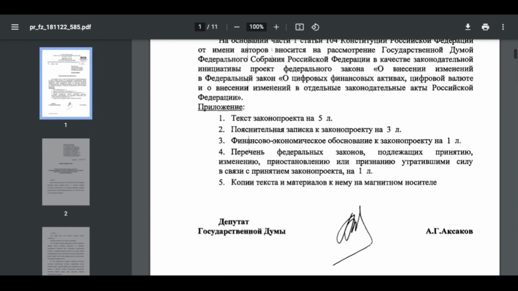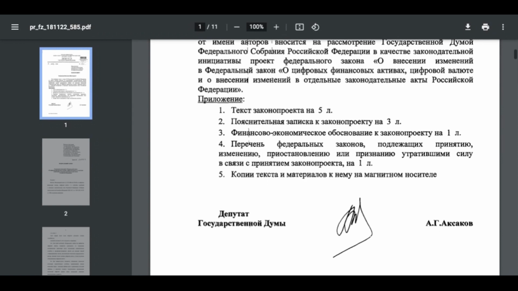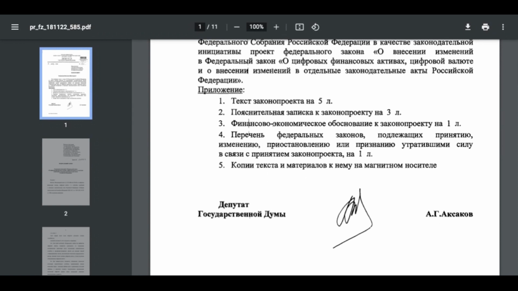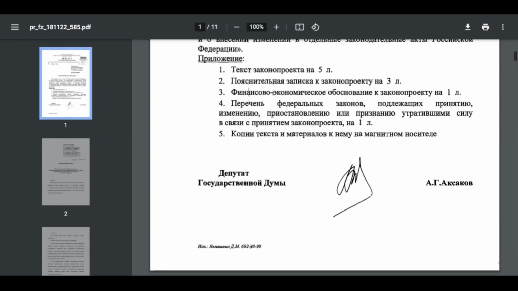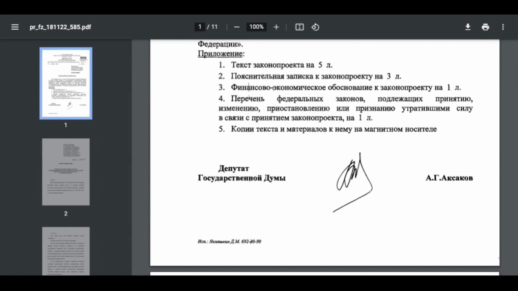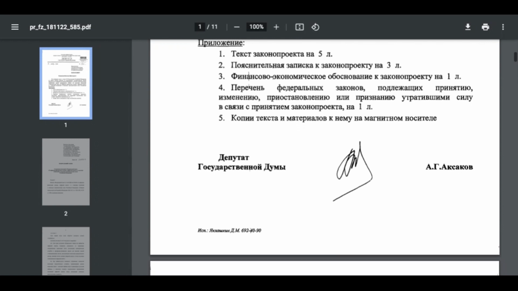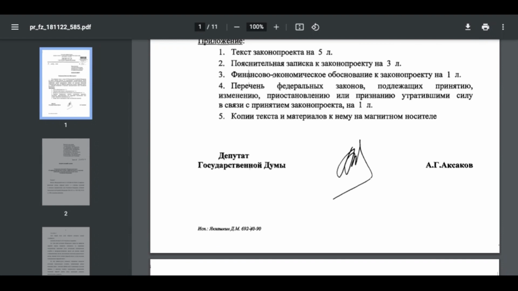Explanatory note to the draft law, 3 pages. 3. Financial and economic justification for the bill, 1 sheet. 4. List of federal laws to be adopted, changed, suspended, or invalidated in connection with the adoption of the bill, 1 sheet. 5. Copies of the text and materials to it on magnetic media.